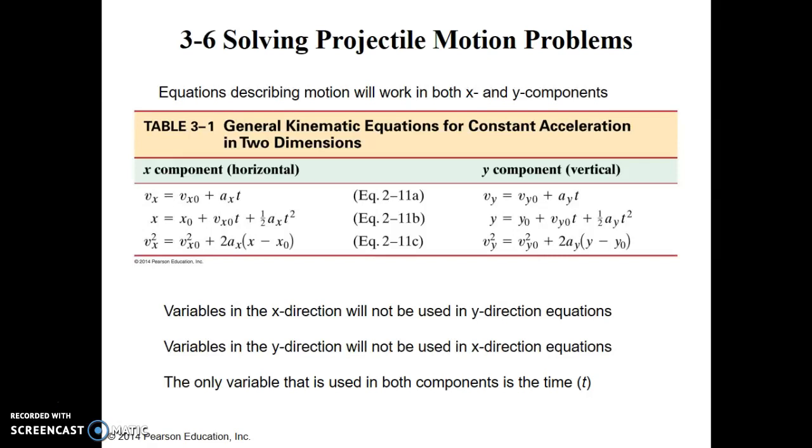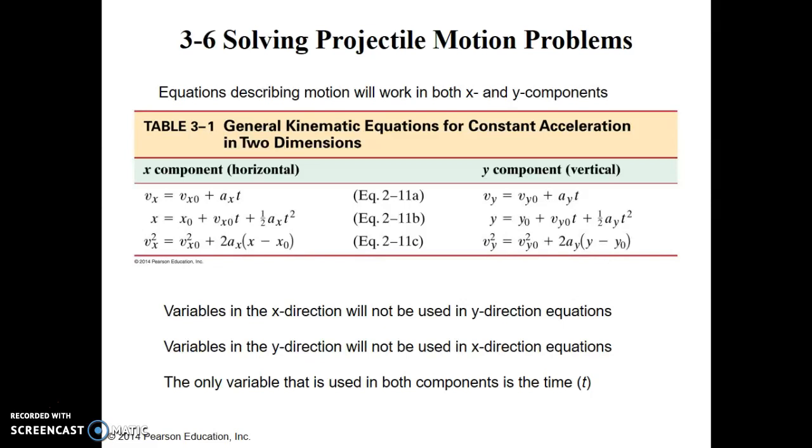Very important notes here. Variables in the x direction will never be used in the y direction equations, nor will the y direction variables ever be used in the x direction equations. This is a common problem I always see. People are working with the x direction and say that acceleration is negative 9.8, which is wrong, because the negative 9.8 describes acceleration in y.